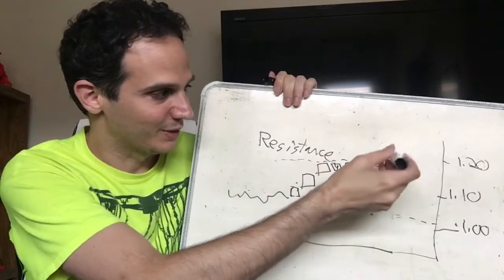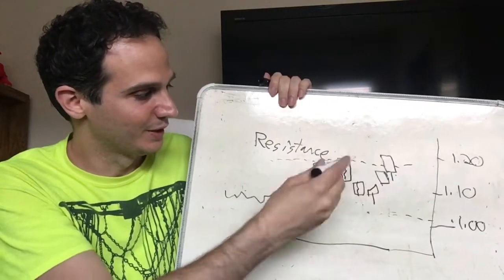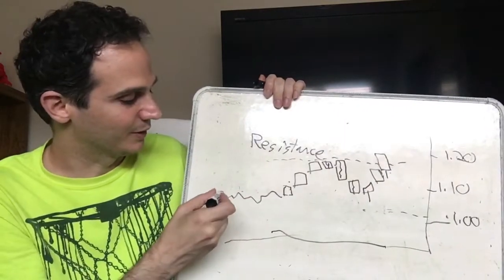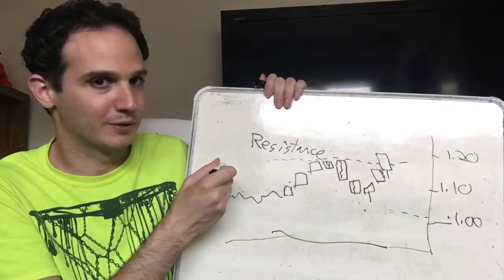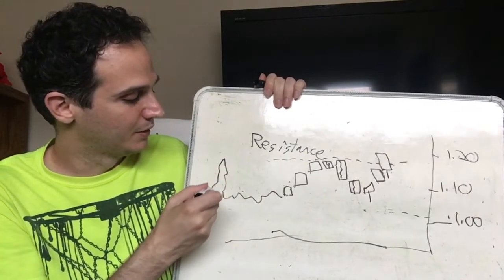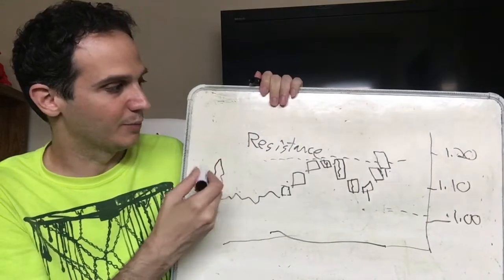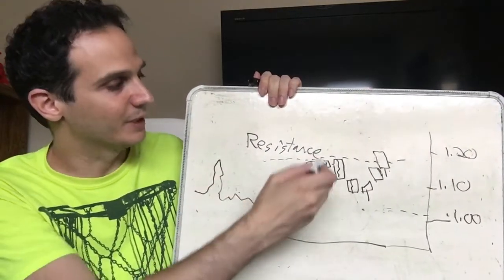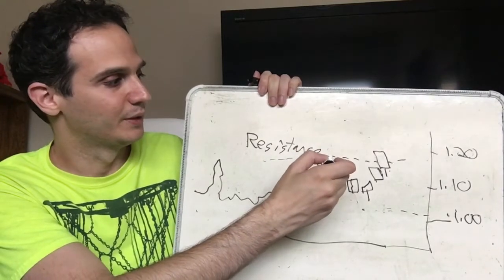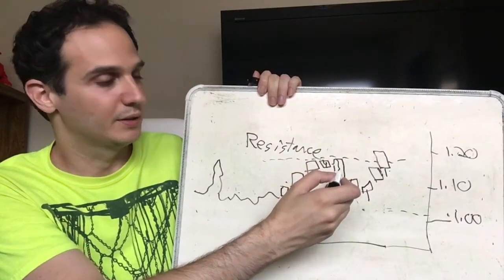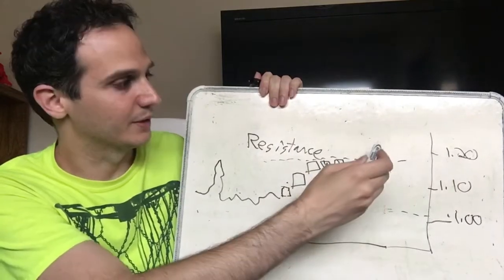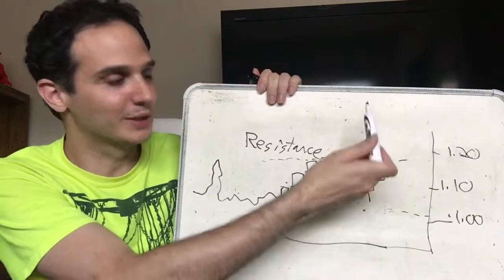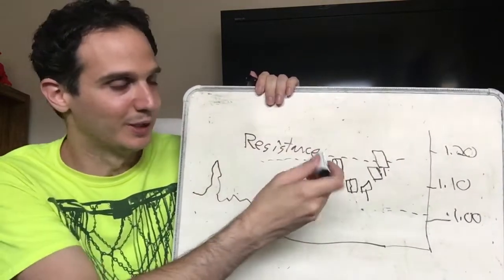So in this case, if it starts to break this key level, and let's say earlier in the day it had a spike, like the stock went up and it went around the same level here, and then if it did this, and then if it did this and broke this key level, it broke out.